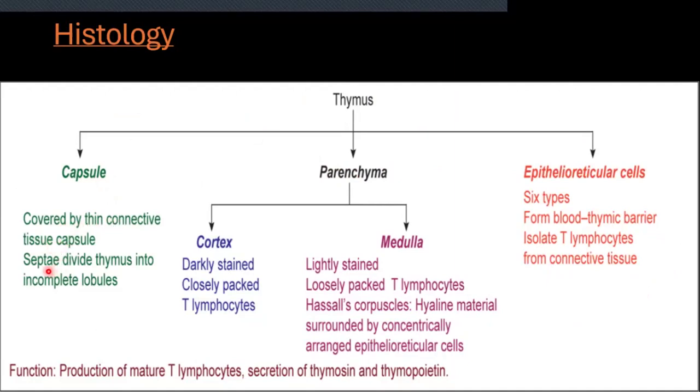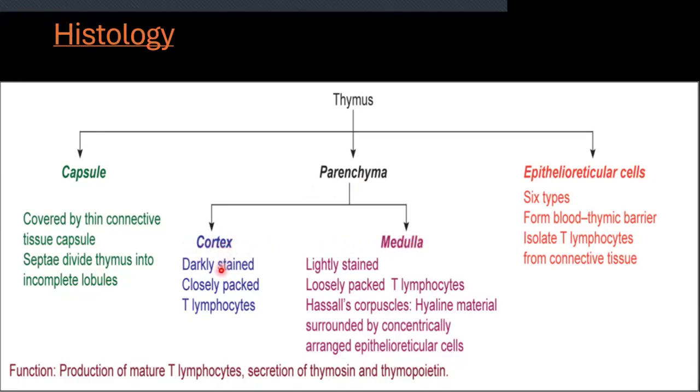Then it sends in some septa or trabeculae to divide the lobes into incomplete lobules. So it's a bilobed structure, and these two lobes are further divided by septa or trabeculations to form incomplete lobules. Then the parenchyma, on the other hand, has a cortex and a medulla.